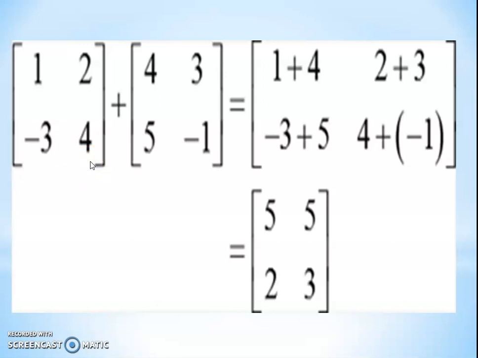That means 4, 3 is in the first row and 5, minus 1 is in the second row. Now check whether the columns of the elements are the same or not. Obviously they are the same. 1, minus 3 is in the first column, 2, 4 in the second column. 4, 5 is the first column and 3, minus 1 the second.